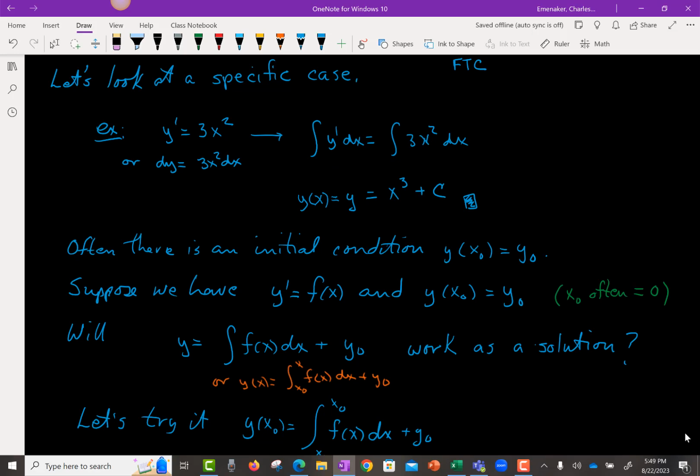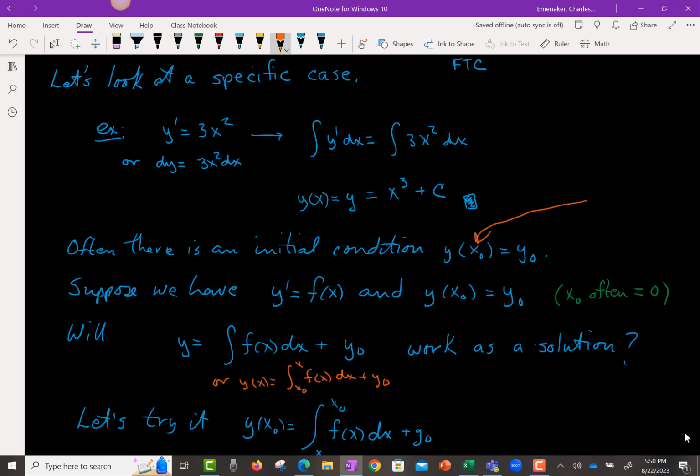Now, oftentimes there's going to be an initial condition. This initial condition is going to be some starting position, height. It could be a temperature, all kinds of things. It depends on the problem that you're working on, but oftentimes there is information about the system at the start. This initial condition is often going to be y at x0 equals y0. x0 oftentimes will be a time, and the time might be 0.